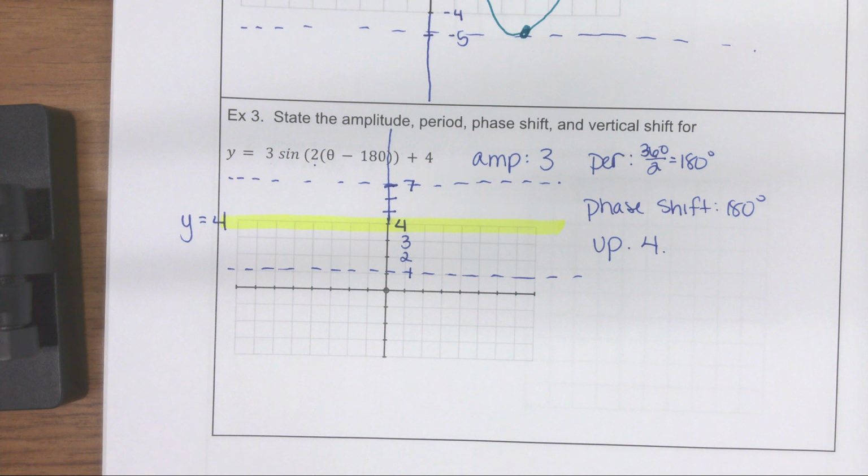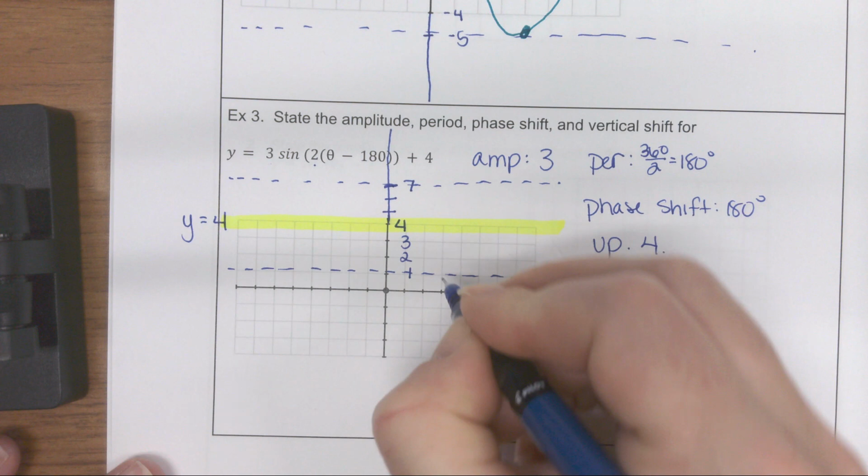So as I'm graphing this one, the phase shift or the period is 180. So you can handle this a couple different ways if you want. I think what I'm going to do is I'm going to just still use my tick marks.